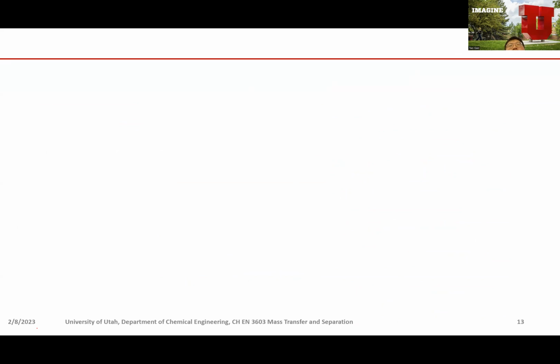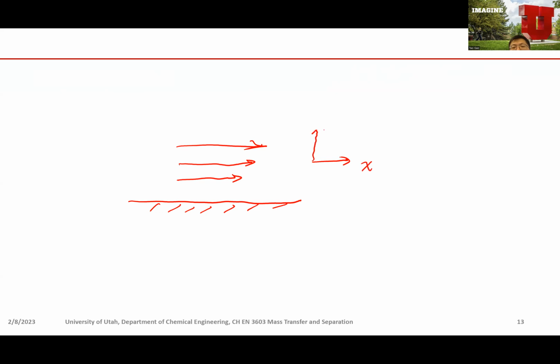So far, we've talked about the case where we have a flow across a solid surface, right? You have a solid surface, then you have flow by the surface, right? And we know that in the direction that's parallel to the flow, typically we define that as the x direction, bulk flow is a major mechanism for mass transfer.